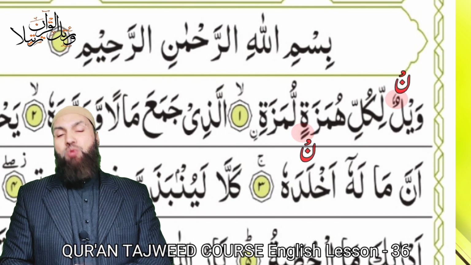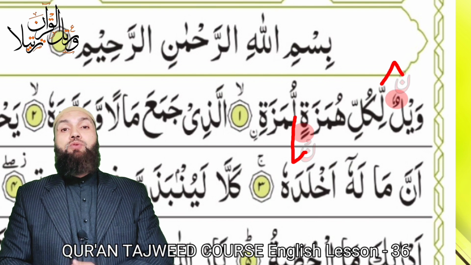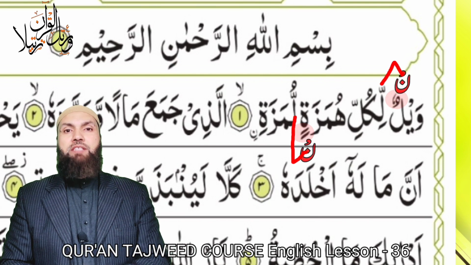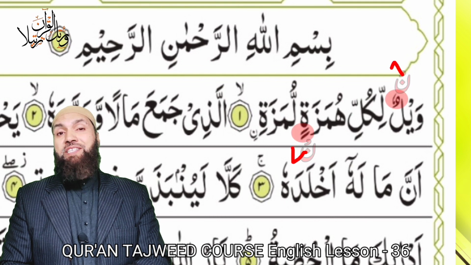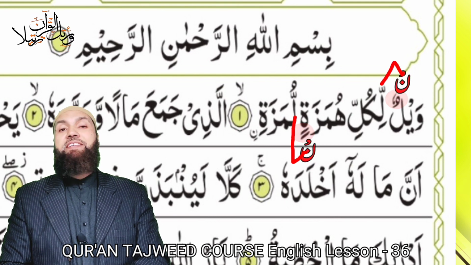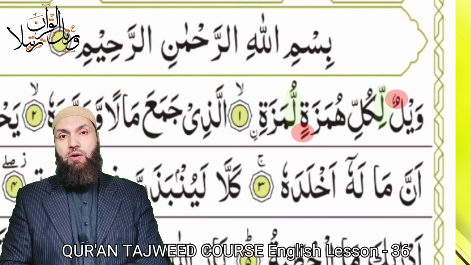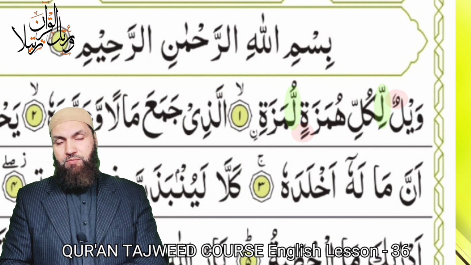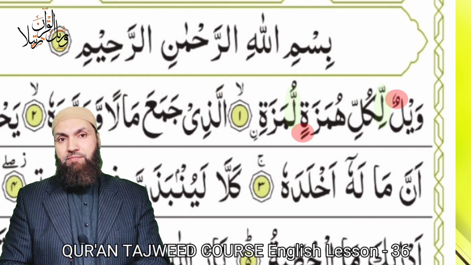No noon articulated at all in both the cases. So this noon saakin present in this tanween in both the cases was merged or inserted in the next letter, that is lam. And this lam was articulated with a shadda or a stress. Wailul likulli humazatil lumazah.